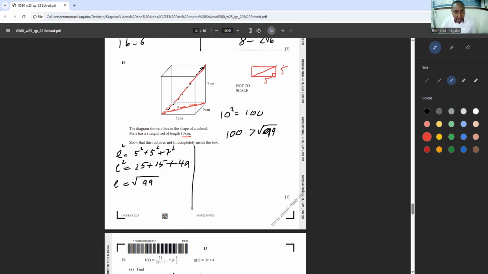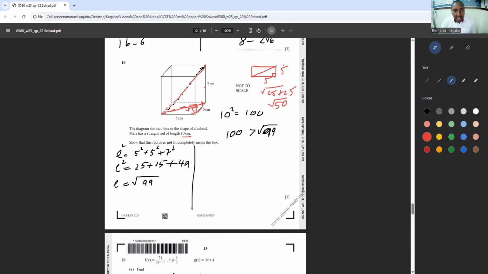So this line at the bottom is going to be square root of 5 squared plus 5 squared, 25 plus 25, which will give me square root of 50. Let me not simplify because it's not necessary. Now that has given me this one here.